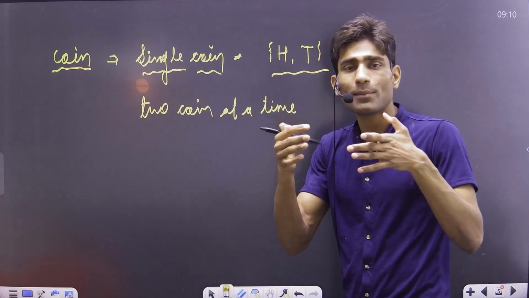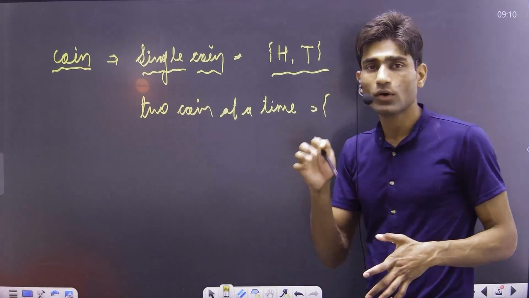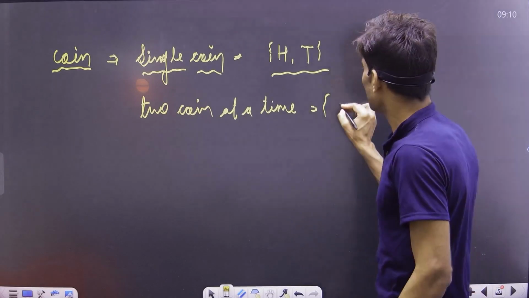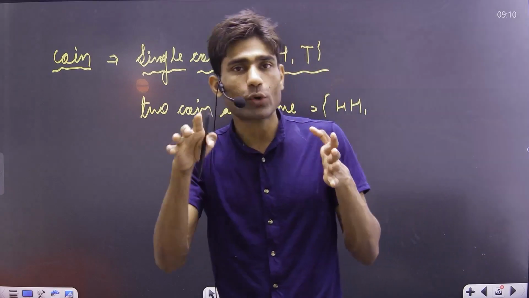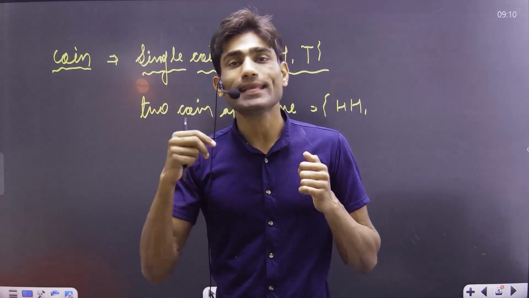These outcomes come in the form of ordered pairs. An ordered pair means two elements at the same time. If we toss two different coins, it is possible that both coins give us a head, or both coins give us a tail.